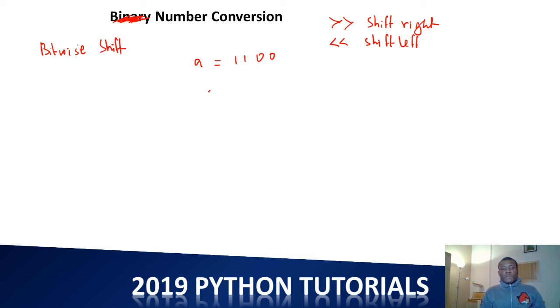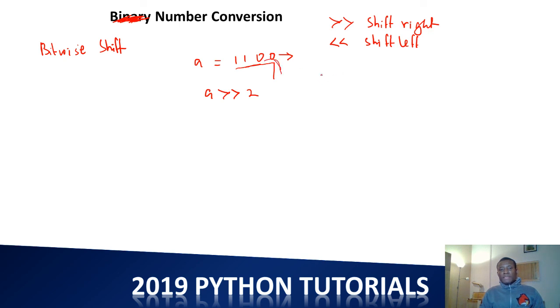So if you are now told to do A shift right 2, what it means is that you want to shift A to the right in two positions. So more like you are sliding it, assuming that this is a cliff, and you are throwing off 2 zeros.